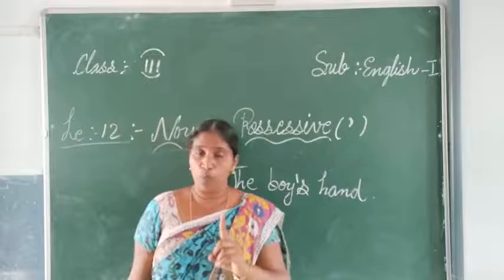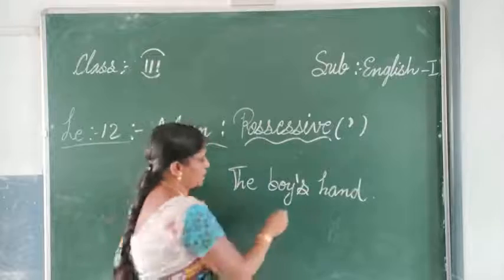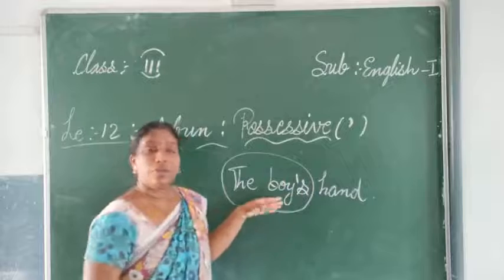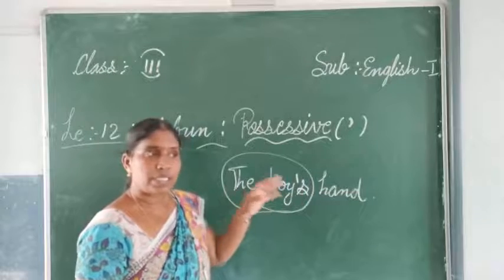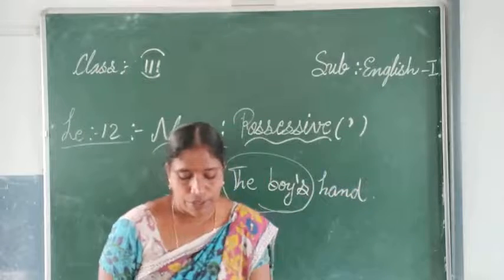So only one boy, the boy's hand. So that is what we were saying: when we want to say it in a short form, and when we want to say this belonging, it means it is with a particular person. So this is the thing.